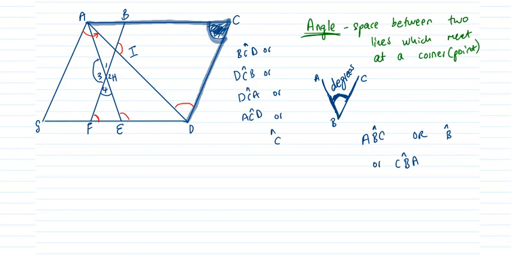Now, calling things angle C or angle B or angle A, I usually advise that you do that if the angle is not divided, because if the angle is divided, just like here, right? If the angle is divided, you want to be a bit more careful.